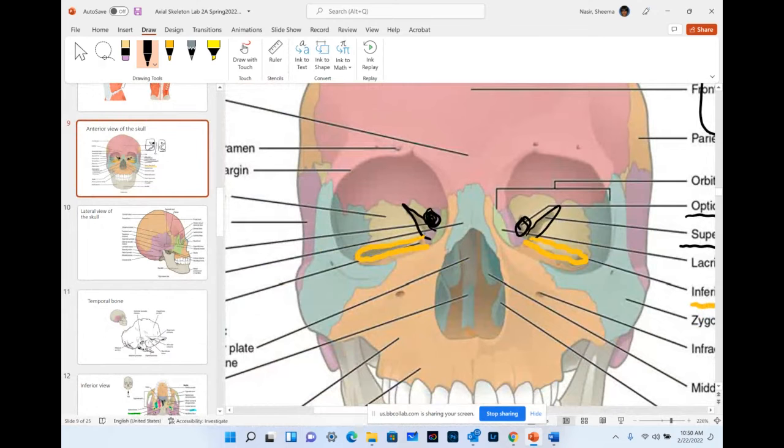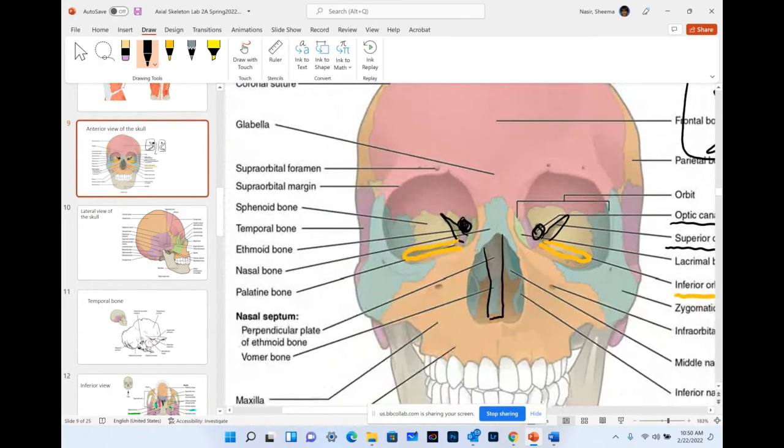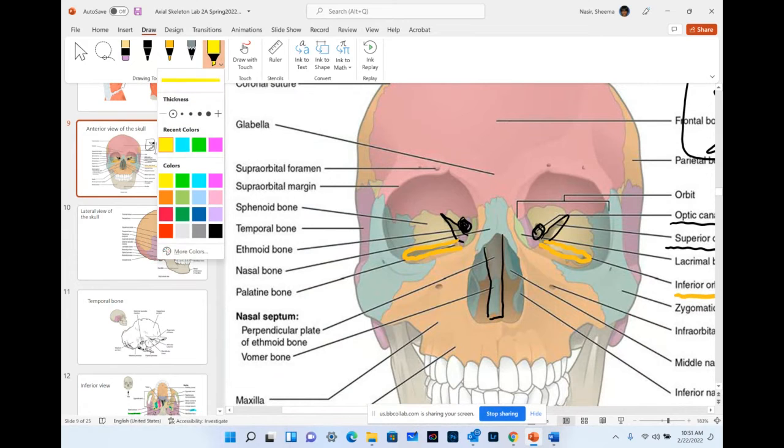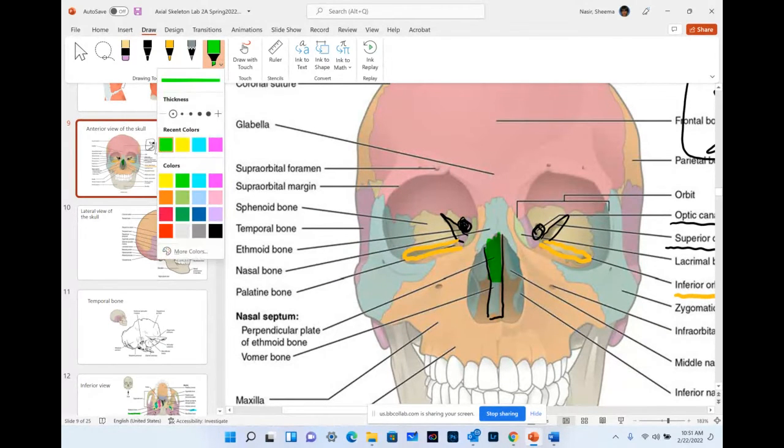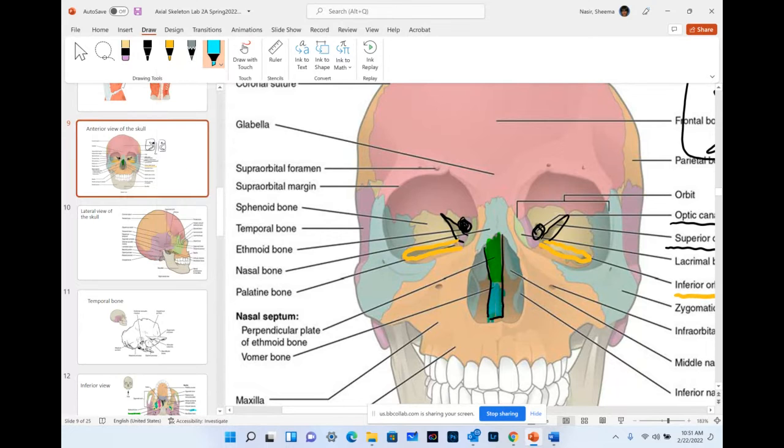And in the nose. Do you see in the nose this area? Okay, in this area, now I am going to highlight it differently. You see this part up top, which is gray. I colored it green. And the lower part, I'm going to color it blue. You see this lower part?